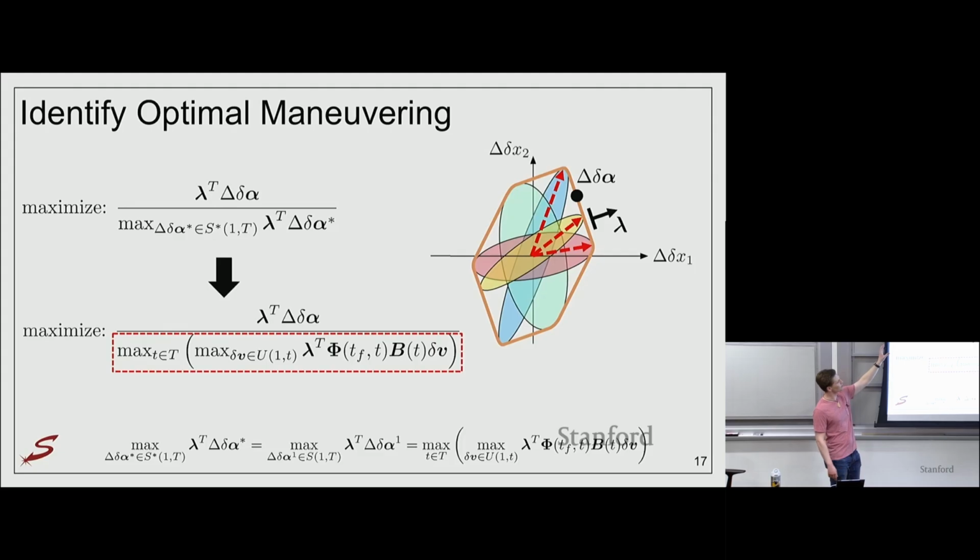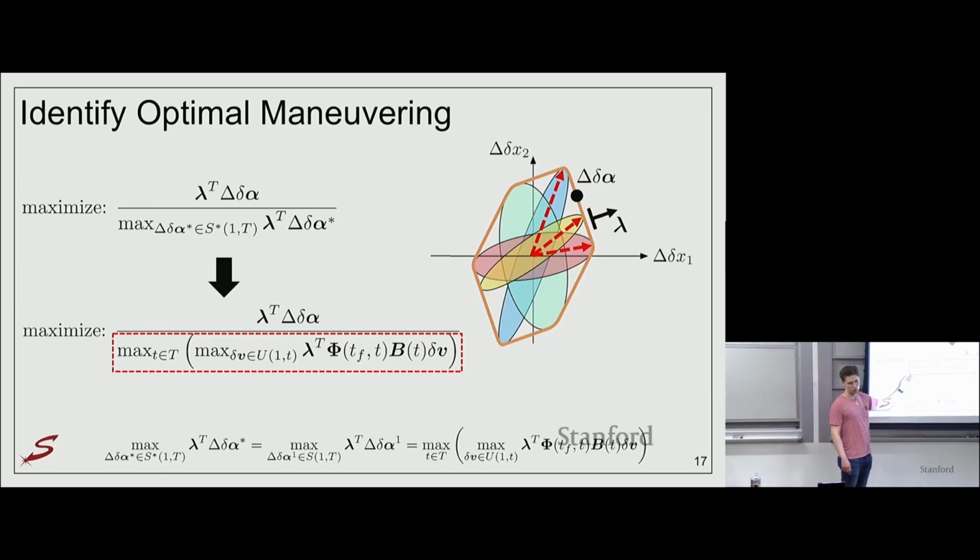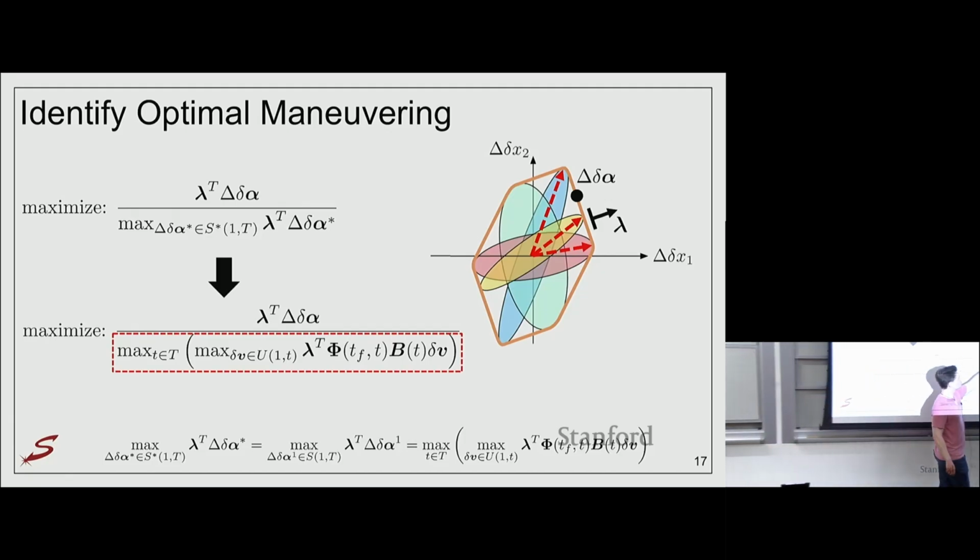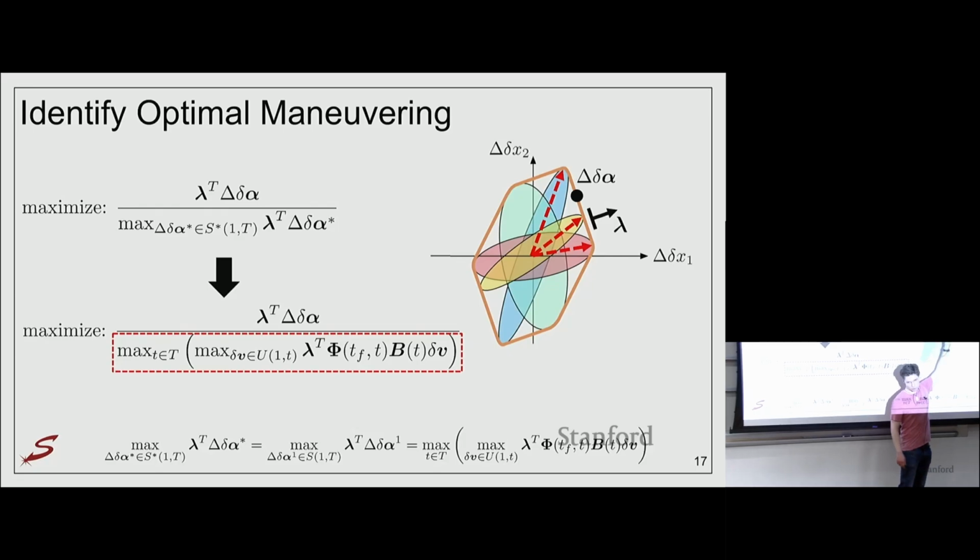If we're maximizing the set of pseudostates in the reachable set for a unitary maneuver, what we're actually doing is maximizing over all times in the control window, all maneuvers of unitary cost against this lambda, or outward-facing normal of the reachable set. And the important part about this is that we're effectively identifying what the optimal maneuvers are right here, because the optimal maneuvers are the ones that act towards this optimal contour of the reachable set.